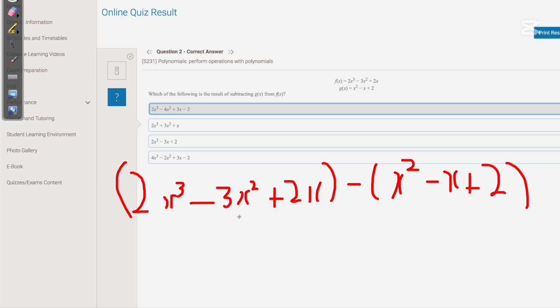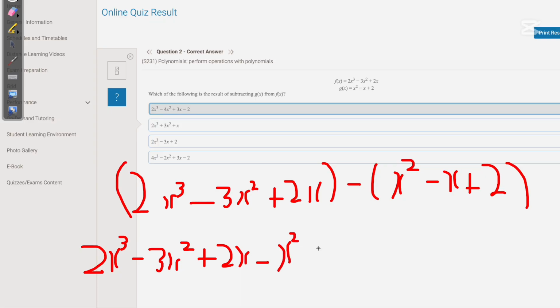So now we distribute the minus: 2x cubed minus 3x squared plus 2x minus x squared plus x minus 2. I'm going to write the answers up.